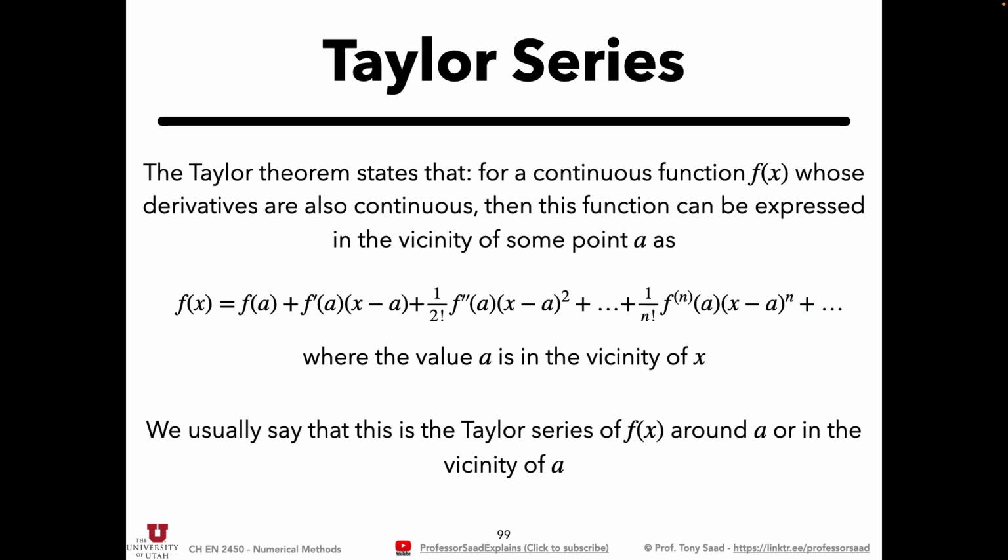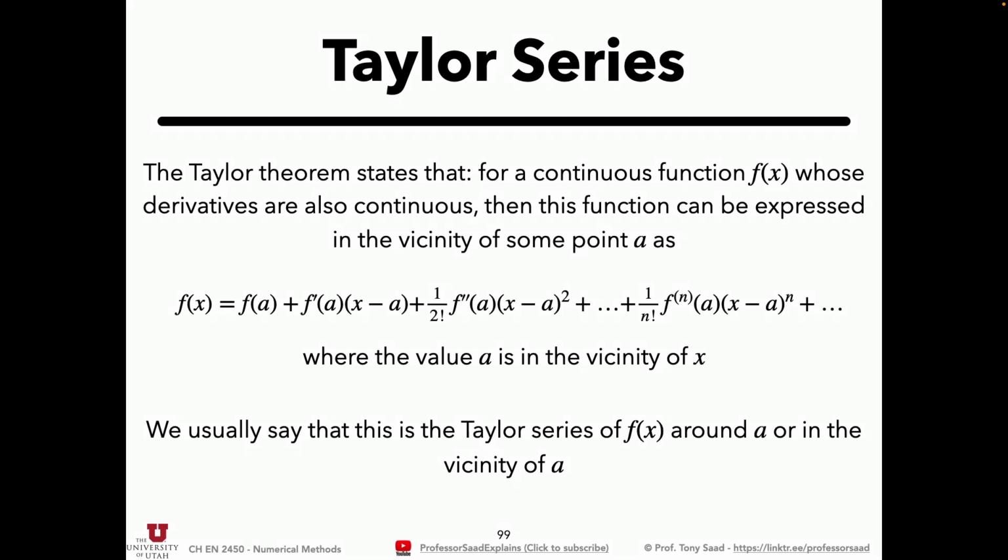How far away from a? Well, it depends how much information I have about the function. What if I only have f and f prime at a? Then I cannot really travel that far away from a, but I can get a pretty darn good approximation near a. We'll demonstrate that on Tuesday. I'll show you how those individual terms that we added in the Taylor series approximate the function in the vicinity of a. Okay?